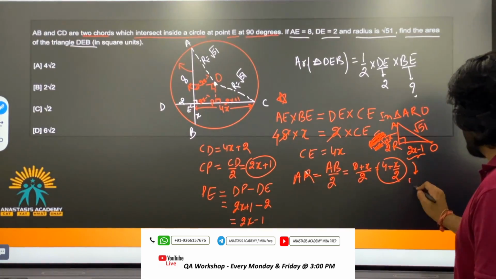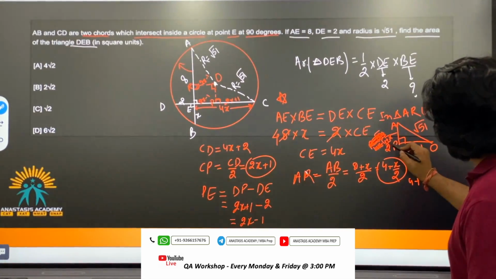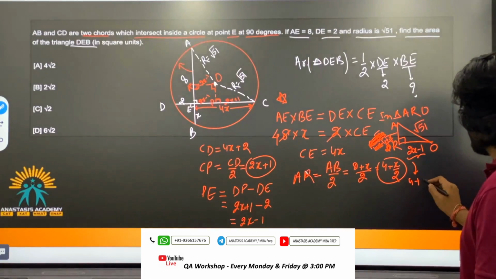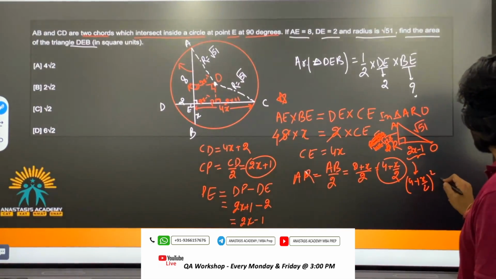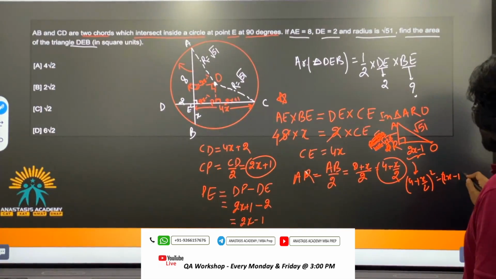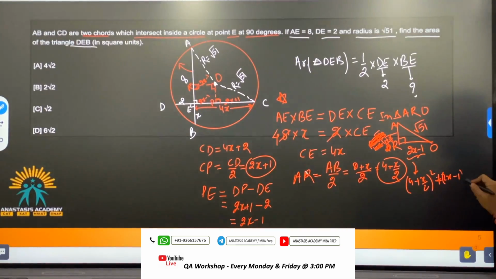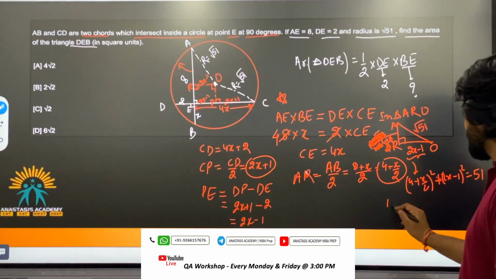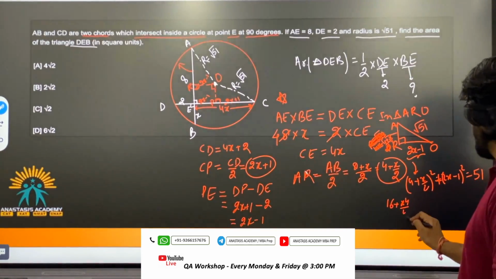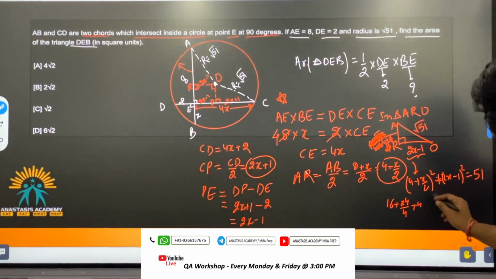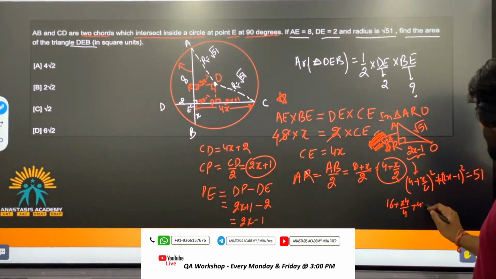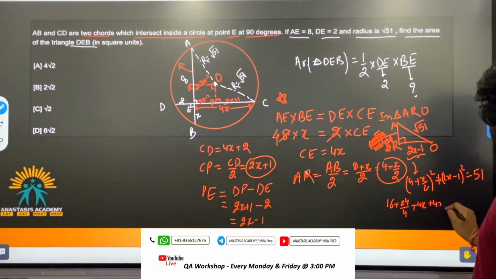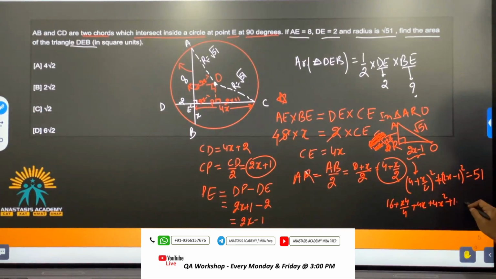I get 4 plus x by 2 whole square plus 2x minus 1 whole square is equal to root 51 whole square, which is 51. If I square these terms, I get 16 plus x square by 4 plus 4x, plus 4x square plus 1 minus 4x, equals 51.